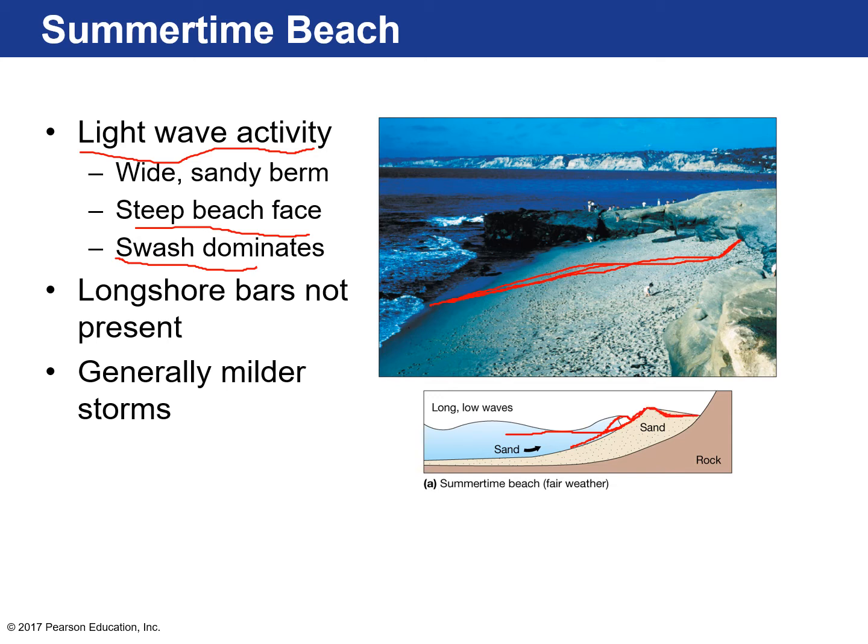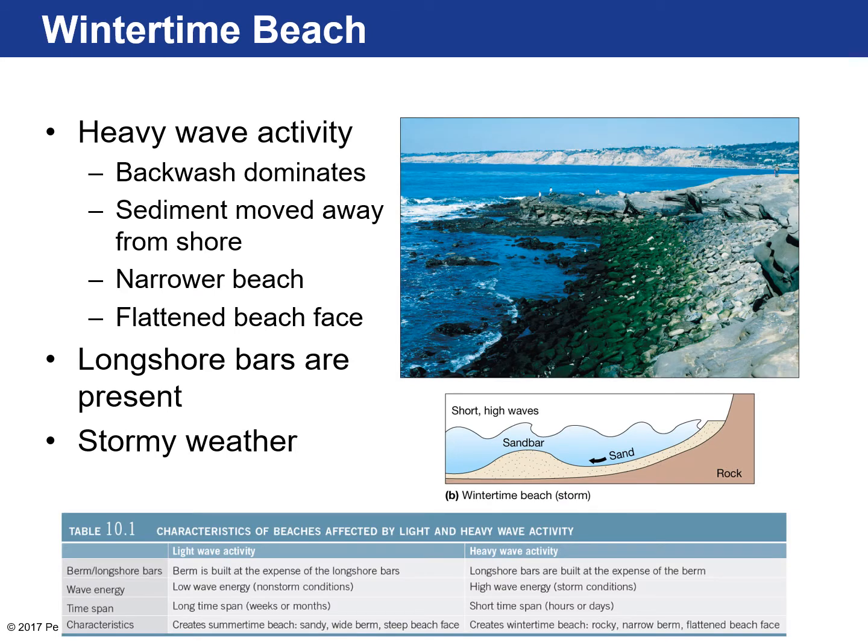So you have a lot of sand on the beach because of the light wave activity. There are no longshore bars present, and that's typical. In Florida, in the summers, generally speaking, there's also lighter wave activity, and so the berms also grow a little bit larger as a result. Not as drastic as in California, but let's go to the wintertime beach.